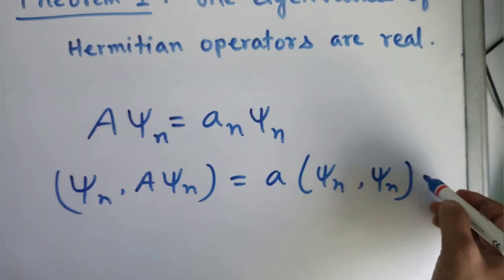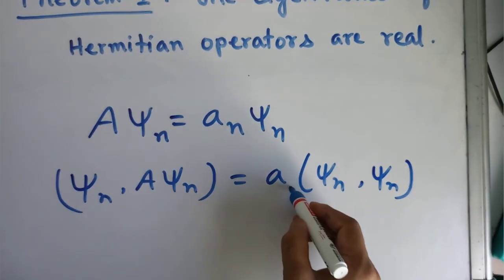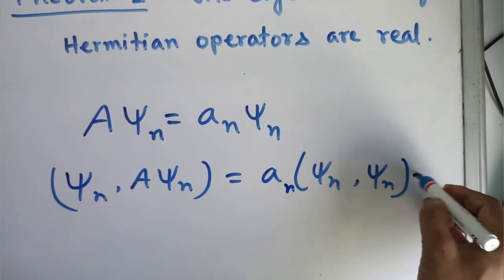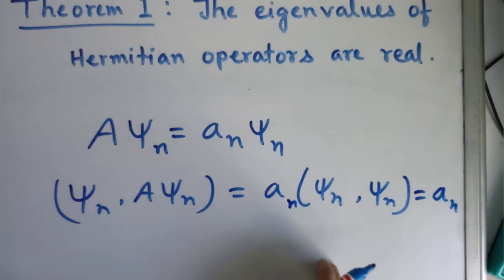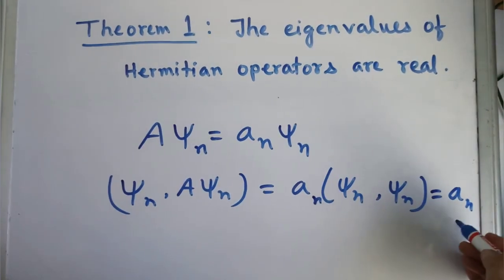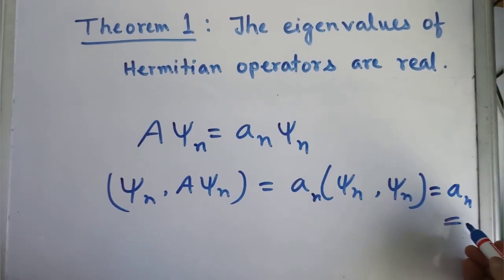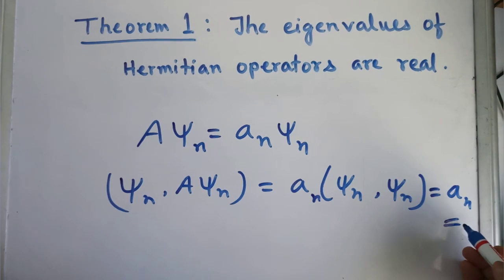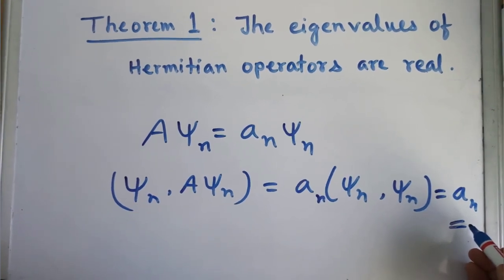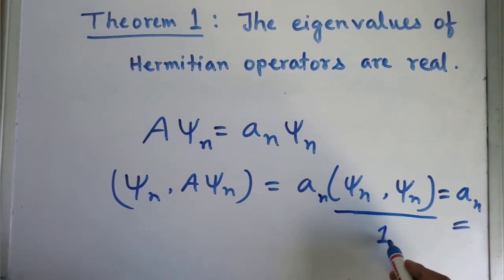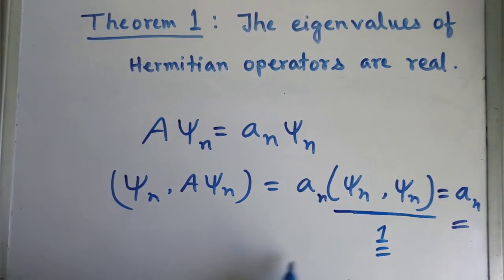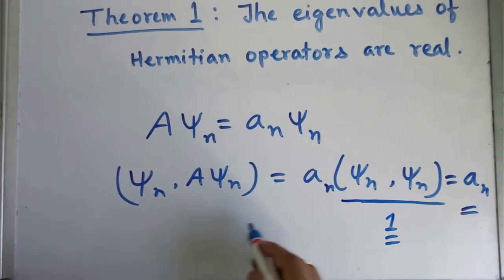So this is equal to a n, isn't it? How can we find a n? Are you getting it? This term (psi n, psi n) is equal to 1. How is this term equal to 1?